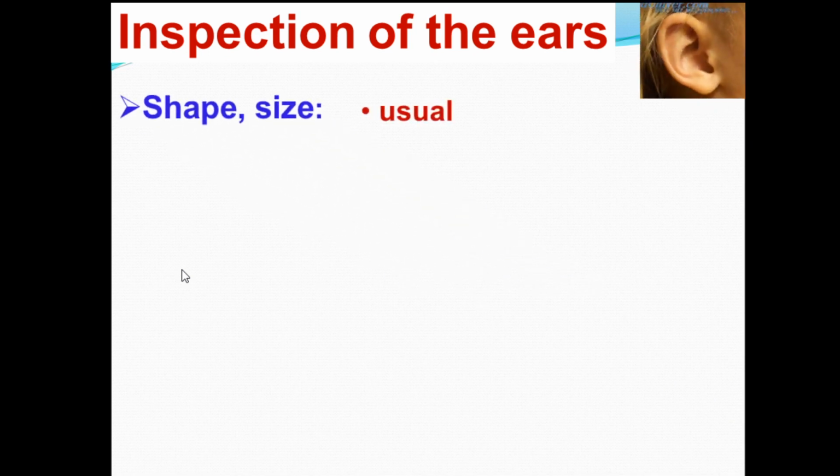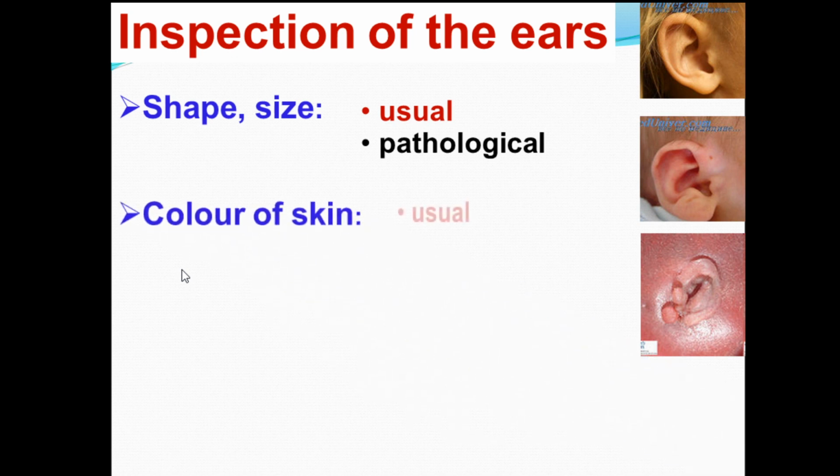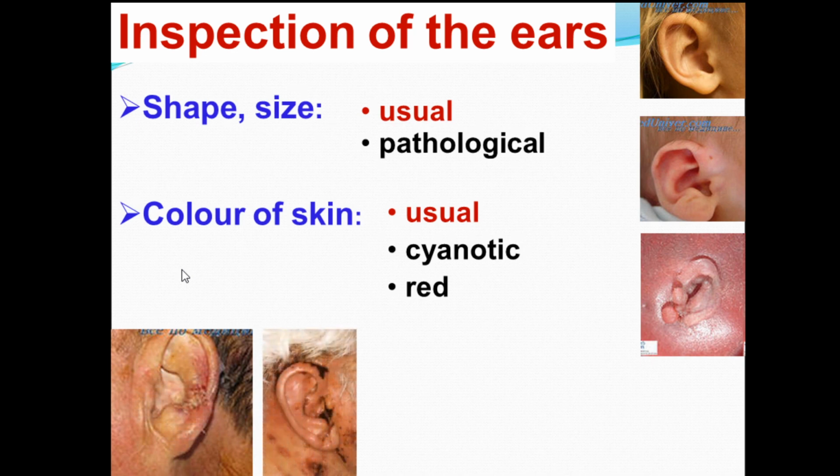During inspection of the ears, again, we'll start our examination from assessment of their shape and size, and color of the skin, which may be locally changed due to some specific pathology.